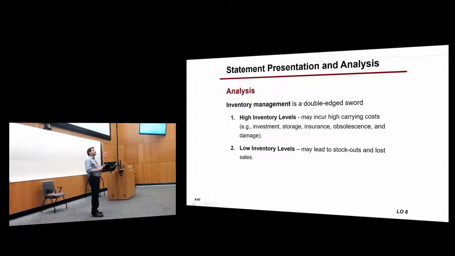Now, it's good to have inventory, etc., but companies also need to, or investors and creditors, basically users of accounting information, they need to be able to understand what these numbers mean. Okay, so it's good to know that you have such and such ending inventory and that you have cost of goods sold of this amount.